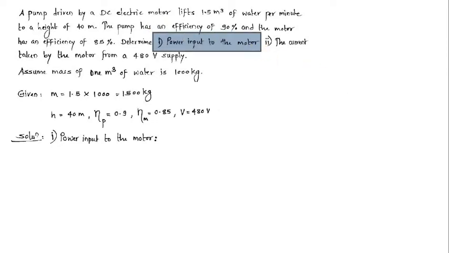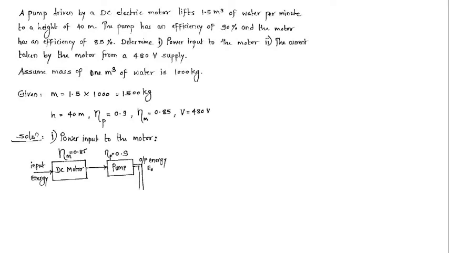Before we calculate power input to the motor, the process taking place in this case should be understood. Input electrical energy will be given to the DC motor. So the DC motor operates on electrical energy. Output of the DC motor will run the pump, and output of the pump is actually work done to lift the water.